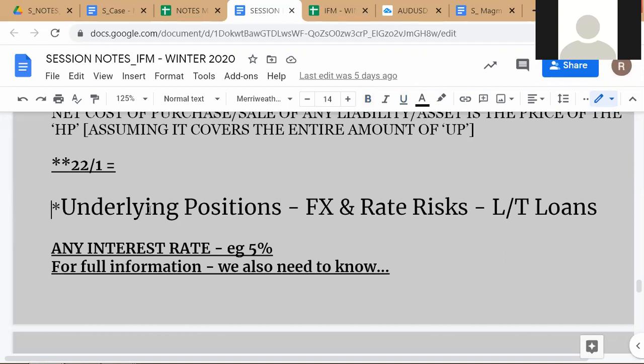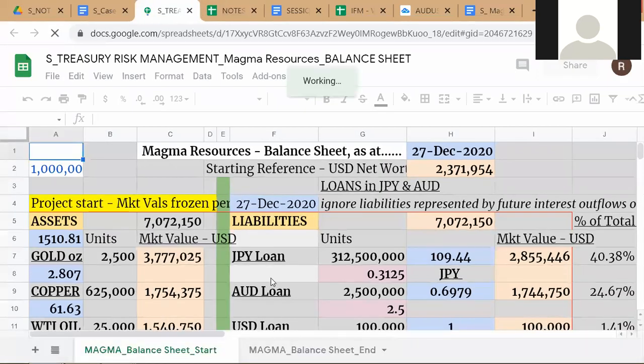Okay. So this is what we did the last time. Underlying positions on the FX and rate risk, the FX and rate risks on the long-term loans. That's what we discussed the previous day. So there is a floating rate loan in US dollars, and I'll just bring in my editable version of the sheet here, right?